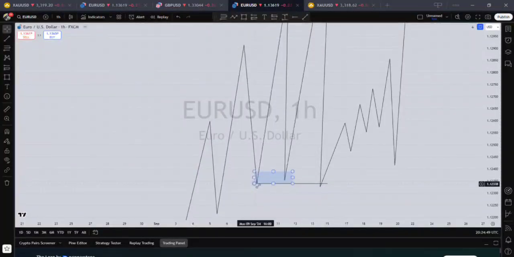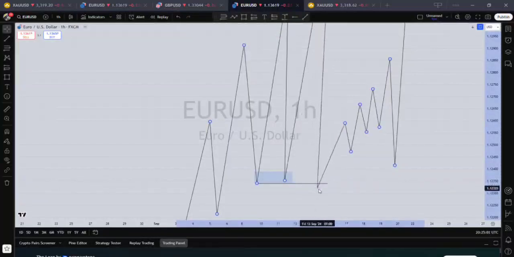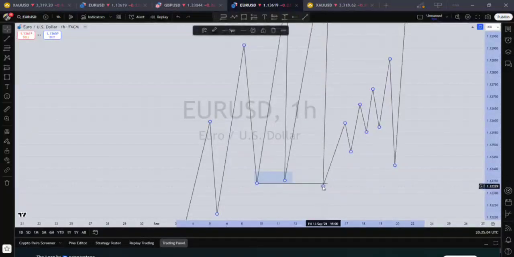Every order has been cleared out. Price will engineer liquidity. If it doesn't want to wick it out, it will engineer liquidity to protect the demand.